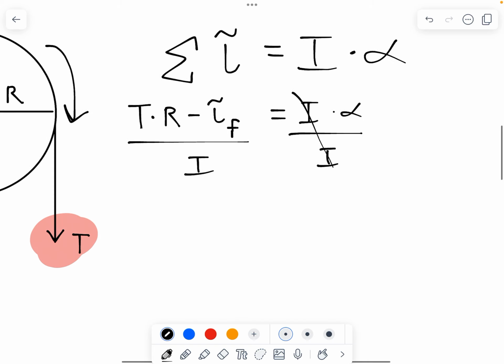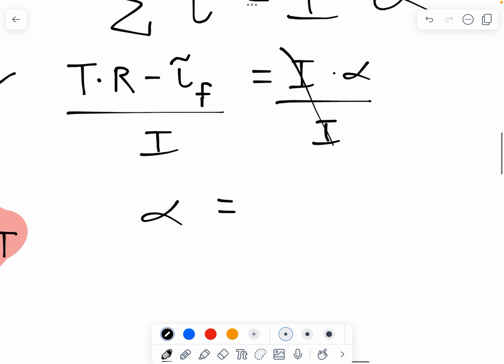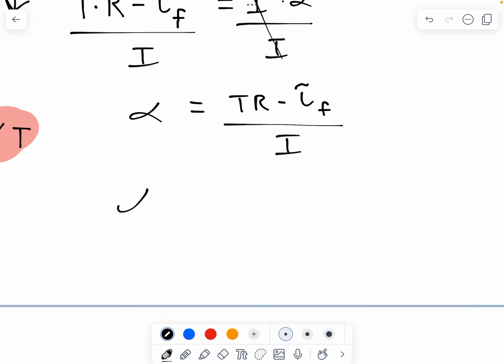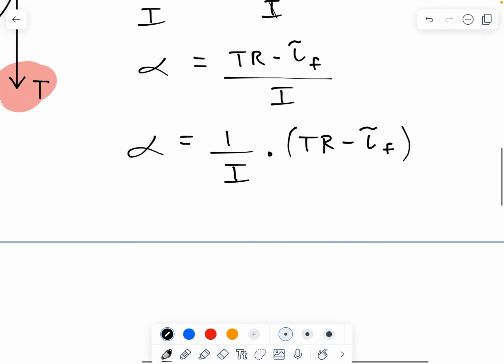Then I'm going to flip it, so we say alpha equals TR minus that internal friction torque, divided by I. Mathematically, instead of dividing by I, I'm going to write 1 over I, which is the same thing, multiplied by, now I need to keep this numerator together, so I write TR minus torque F. Now this can seem a little confusing at this point.